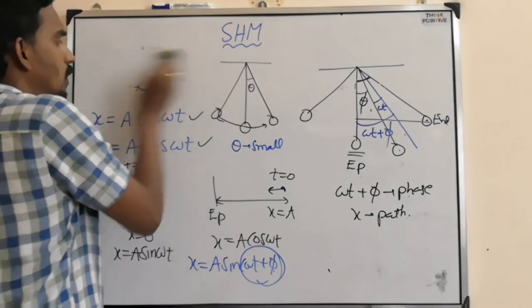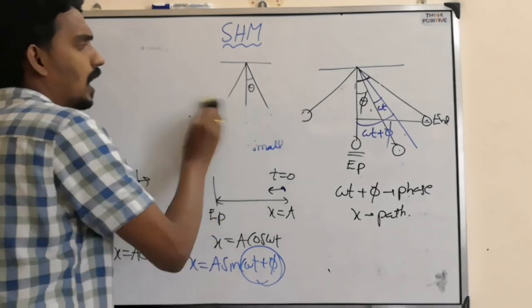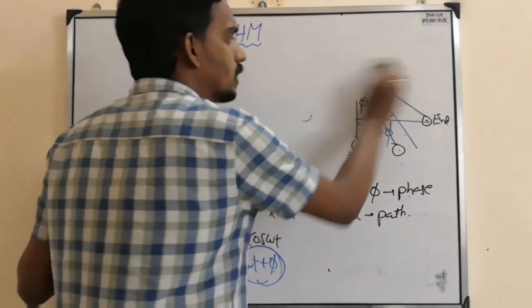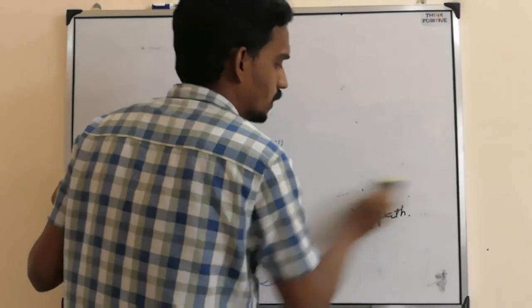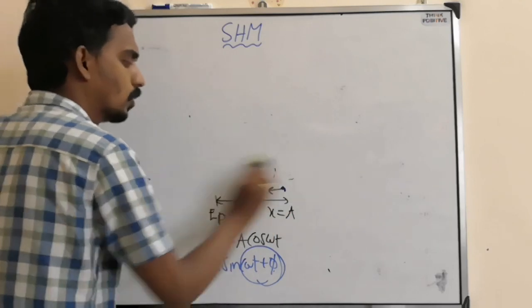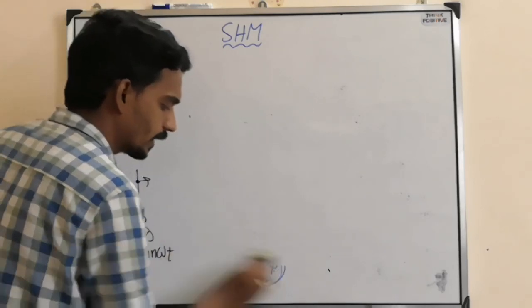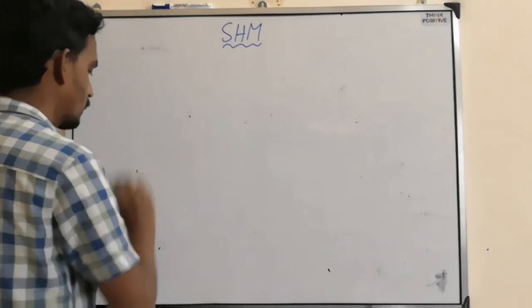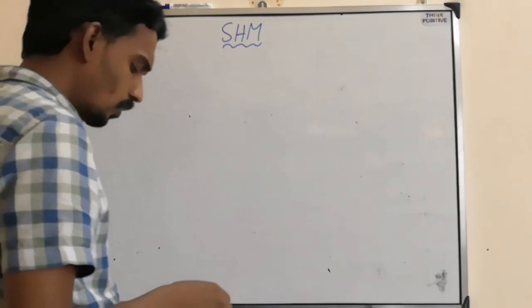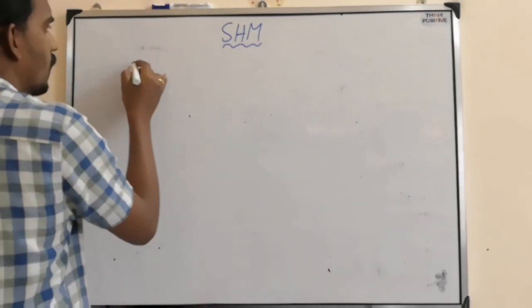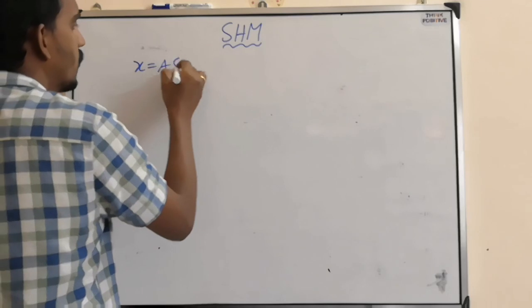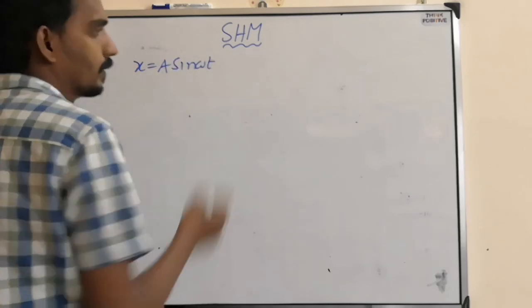Now, most of the times they will ask questions based on starting from equilibrium position, and in our syllabus also all the equations have been derived based on that equation only. So the displacement equation of a particle in SHM is a sin omega t.